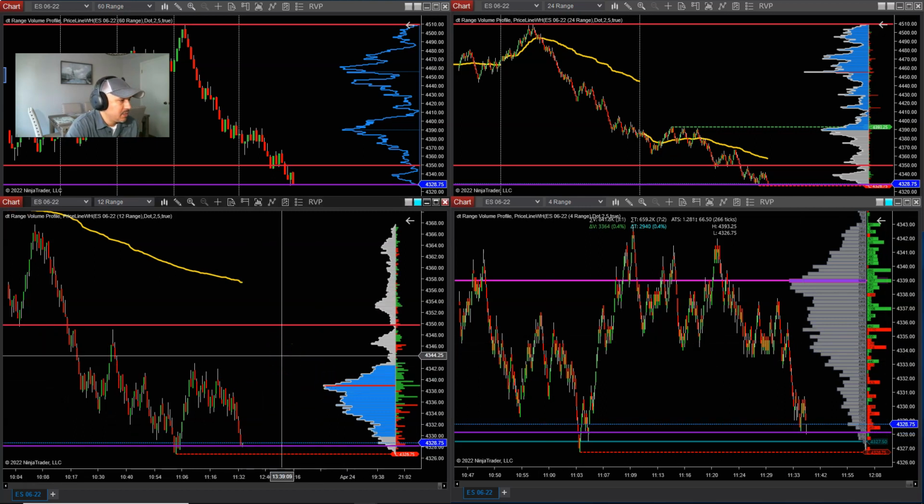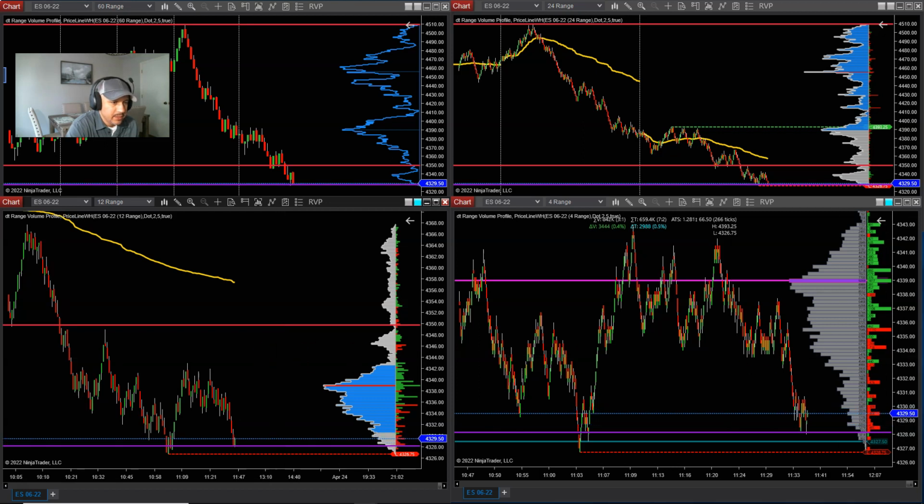That was a good thing I got out of that trade there. Let's see. Maybe it's not done. I think we're trying to break lower. It's going to finally move on down to that area I talked about.